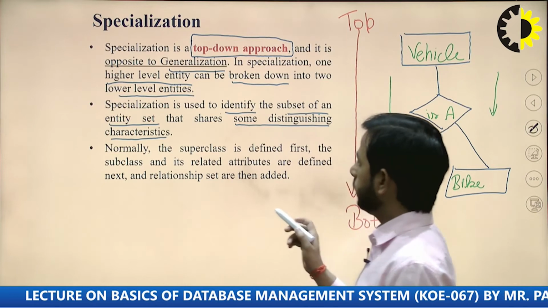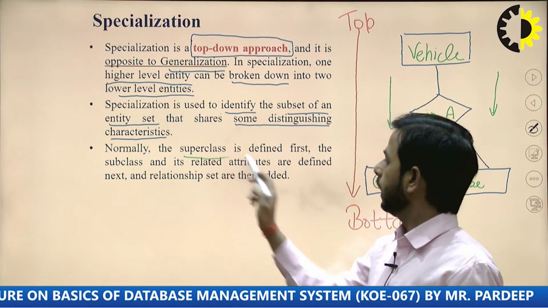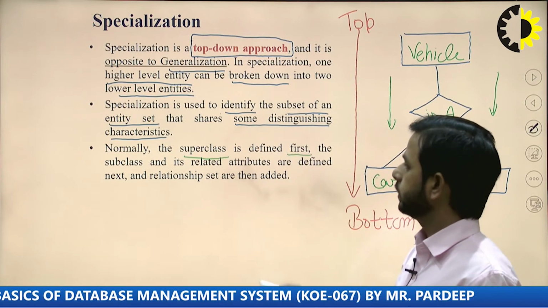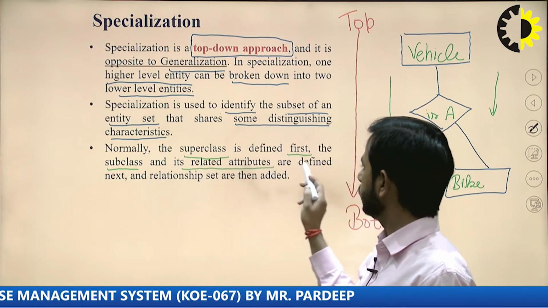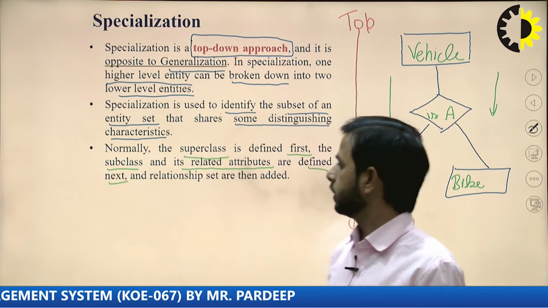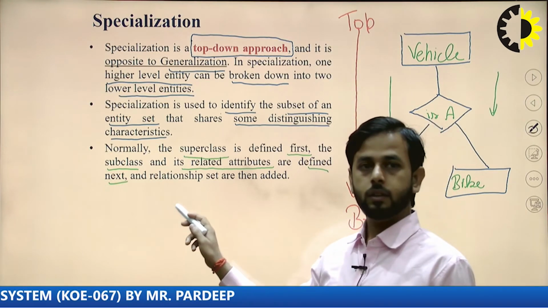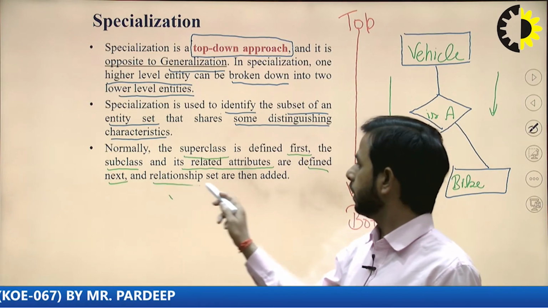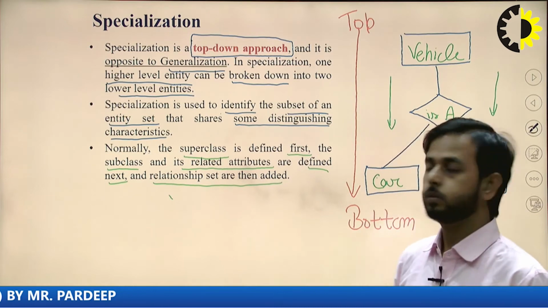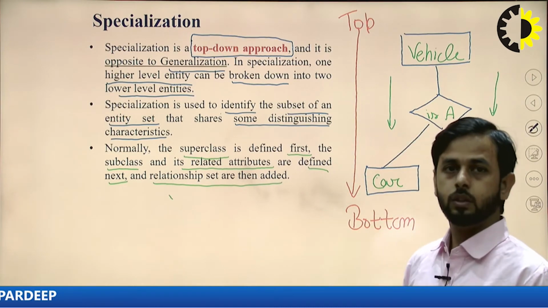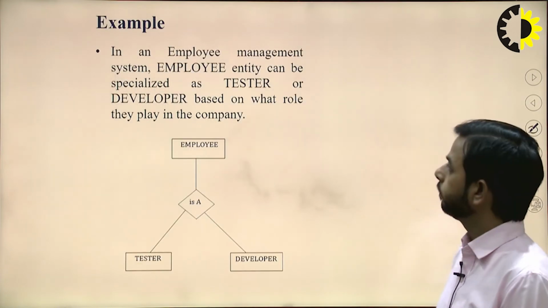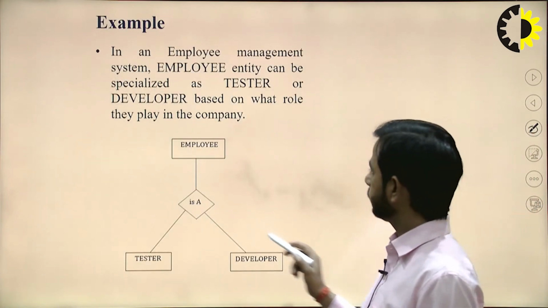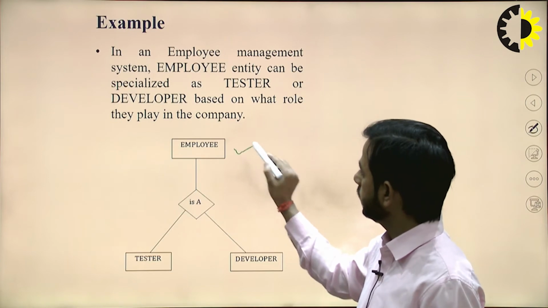Normally the superclass is defined first, and the subclasses and their related attributes are defined next. And then relationship sets are added. So this is all about specialization. Let's see the example. Here employee is an entity.